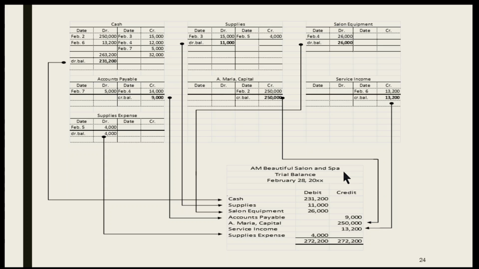After you transfer these to the trial balance, you get the total, and it should be balanced because it is a trial balance. If this is not balanced, it means there are items that you have missed to include. It can be that there is a certain journal entry you failed to post, or you posted it in the wrong side. That might be a reason.